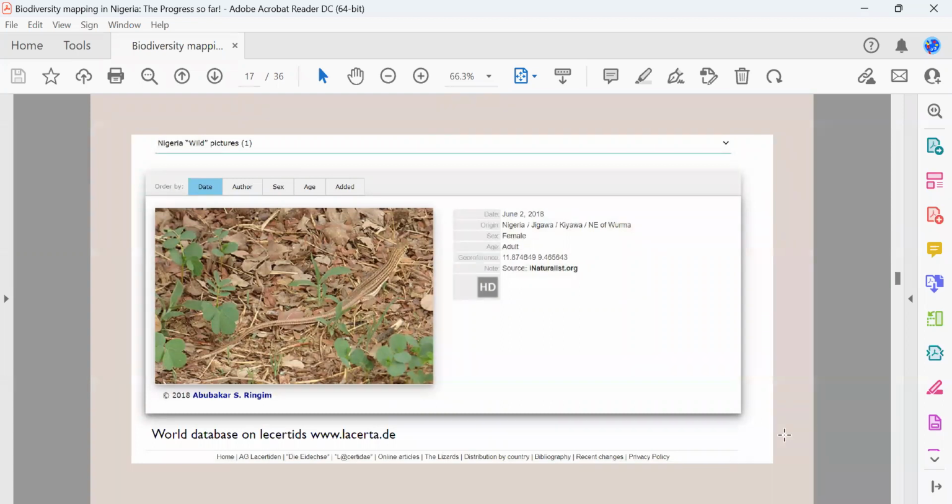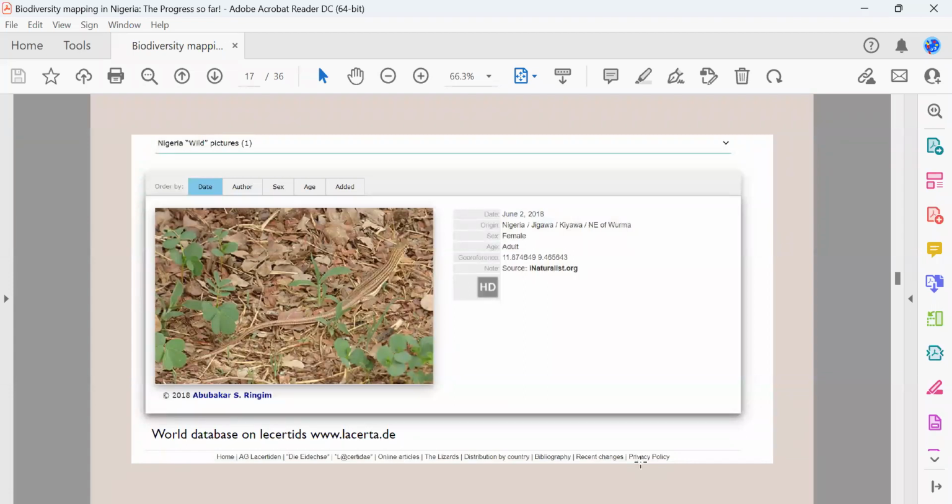Latastia longicaudata. And as far as we are aware, this is the first wild picture of this species from Nigeria, and if I'm not mistaken, from the entire West Africa. I took the photograph of this Latastia, which is of course a lizard, in 2018 around Kiyawa. And to my surprise, when I uploaded it on iNaturalist, someone contacted me last Saturday.